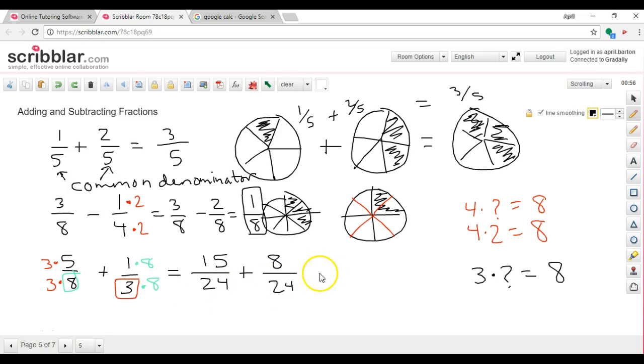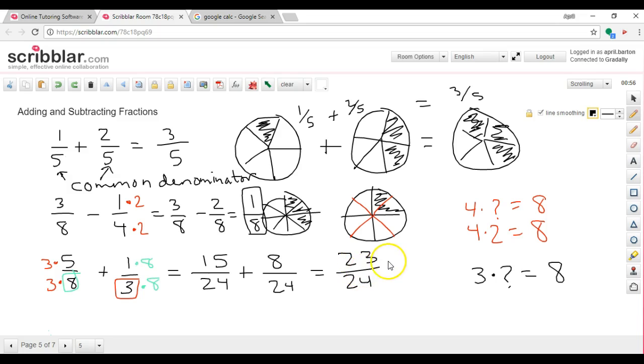Once you have the common denominator, we keep the denominator the same. That's just telling us that this was cut into 24 pieces, and we add the numerator. 15 plus 8 is 23. And that's your final answer.